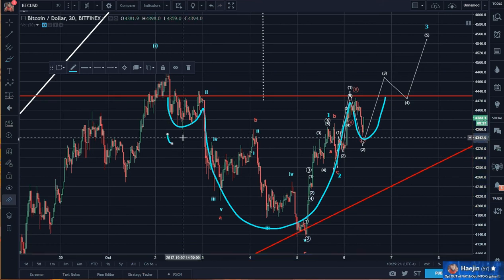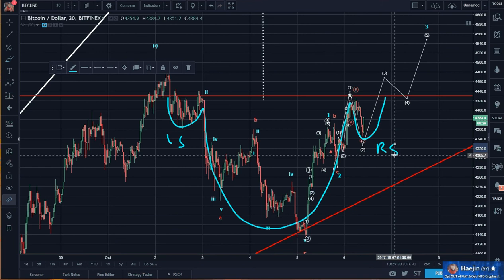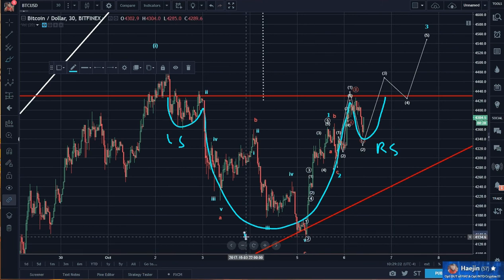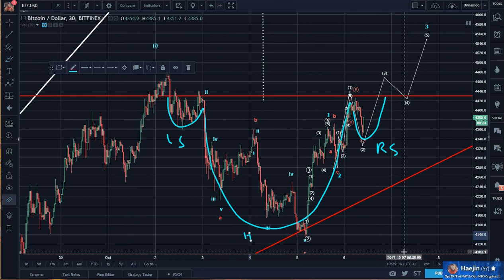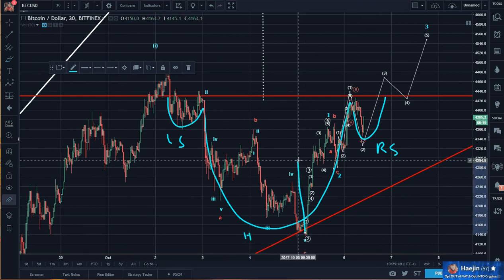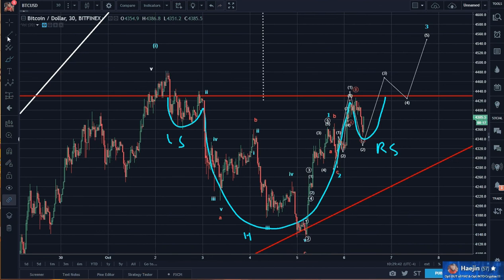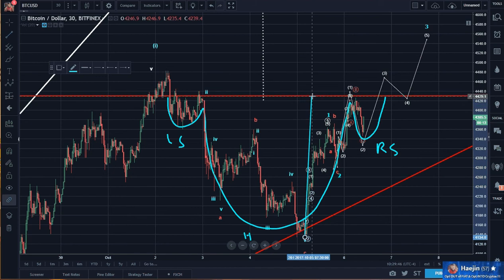Call this the LS. I call this the RS for right shoulder. Call this the head. And let's go from here. Wrong line. I'll do a straight line instead of a free line. So if this is the bottom of the head, this is the neckline.